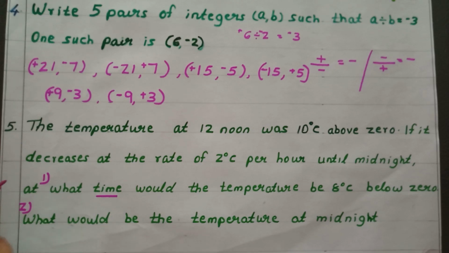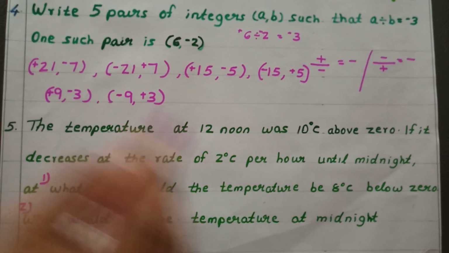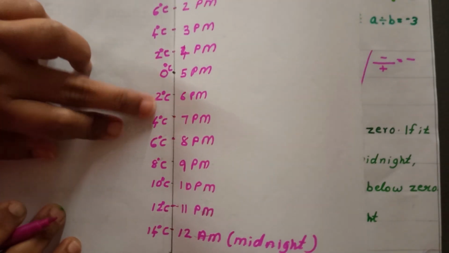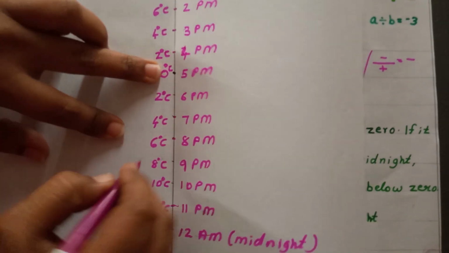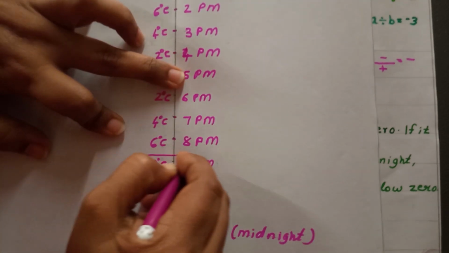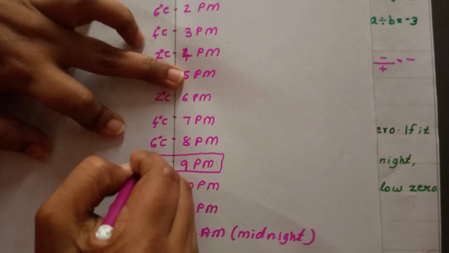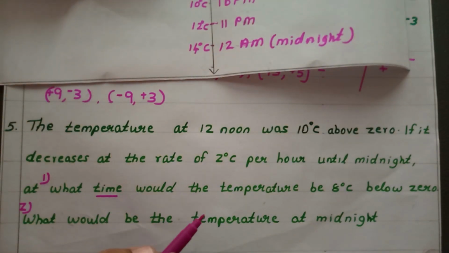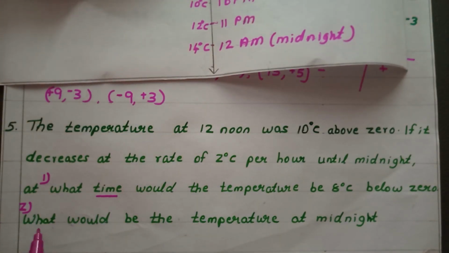So, in this question, they have asked what is the time when the temperature is 8 degrees Celsius below 0. So, this is 0 and this is 8 degrees Celsius below 0. So, the required time is 9 p.m. And one more thing they have asked, what would be the temperature at midnight?